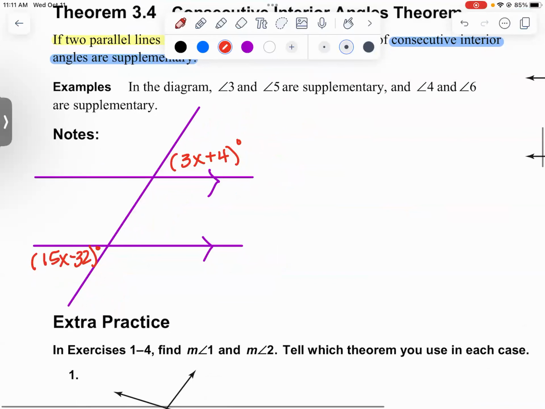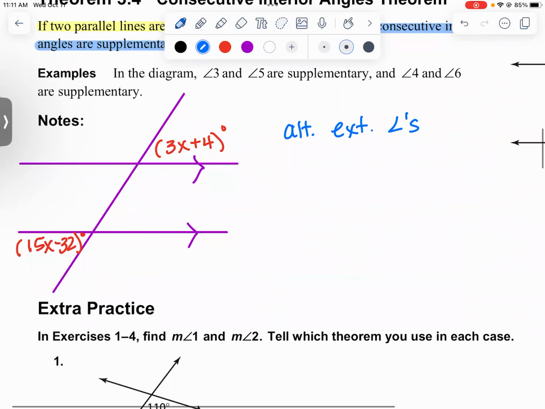In this case, what is our angle relationship? Since these are alternate exterior angles, what's true about their measure? We know that 3x plus 4 better equal 15x minus 32.